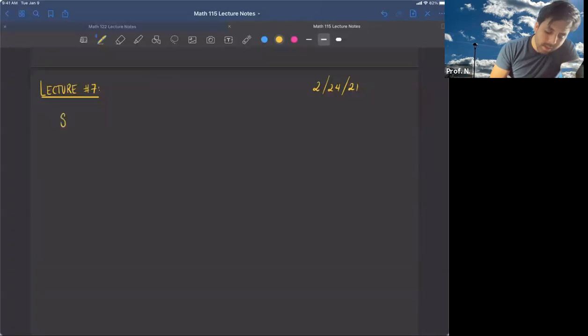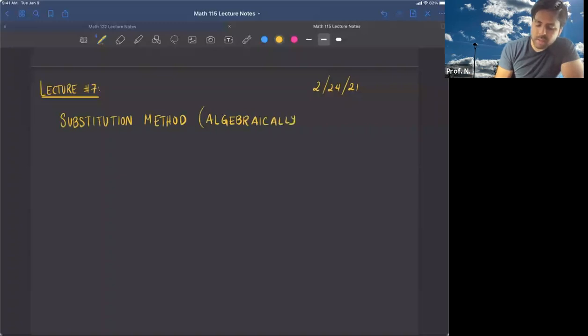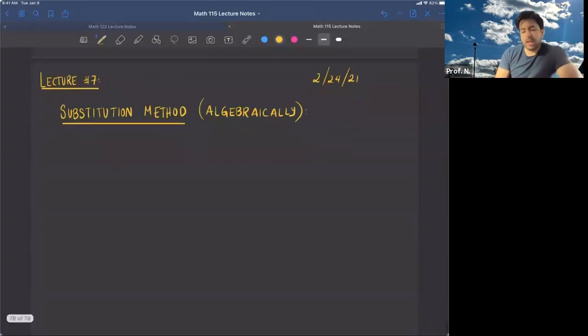So these are algebraic methods. And what we mean by algebraic is that we're just using numbers and variables. We're not going to be using a graph anymore, because it can get a bit tricky if we try to graph every single line and solve it that way.